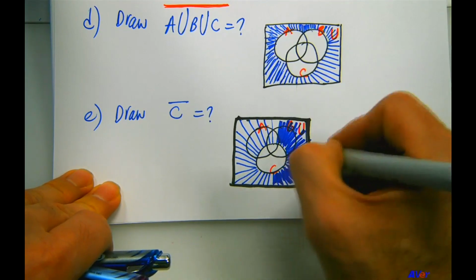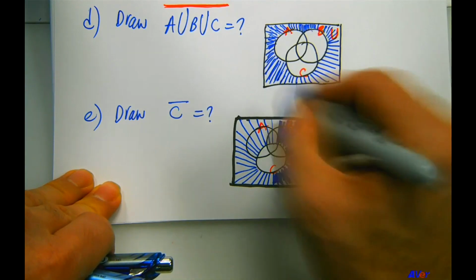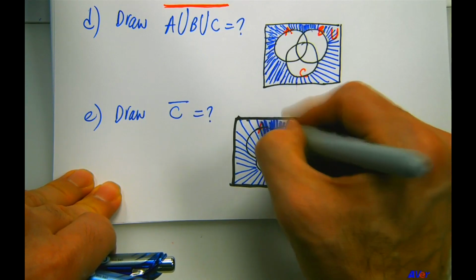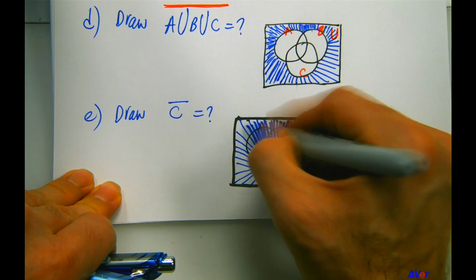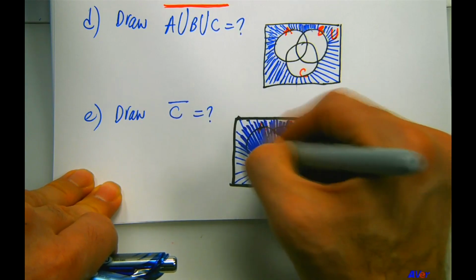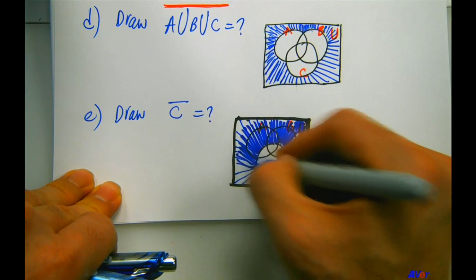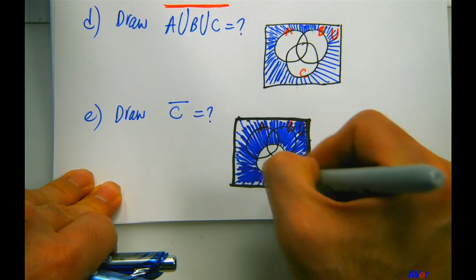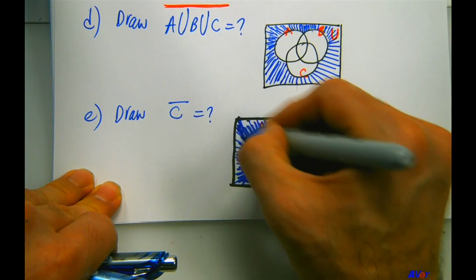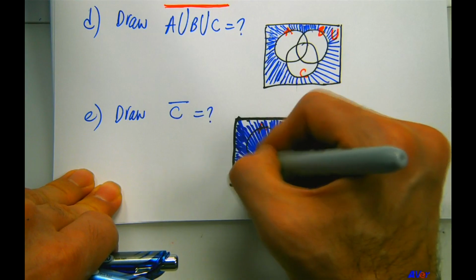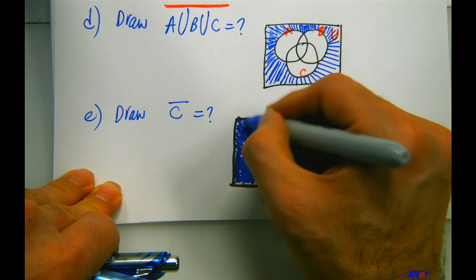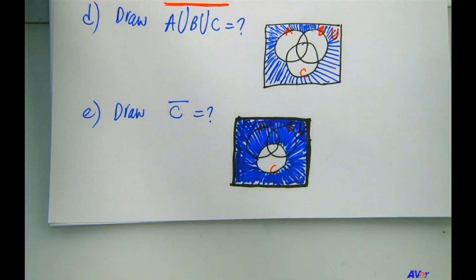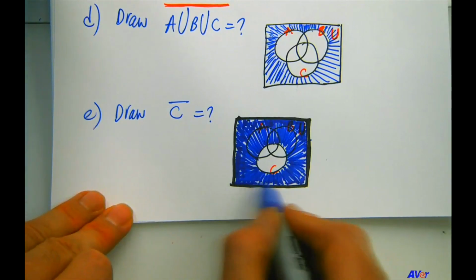This blue ink should fill everything outside of set C. So that is C bar, all the way to the edges. All of that included. That's C bar, and here as well.